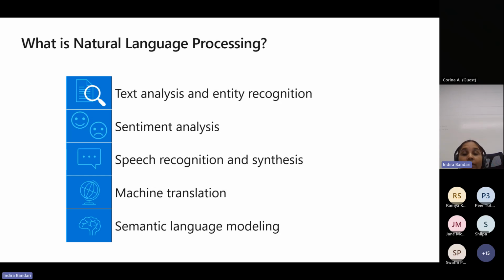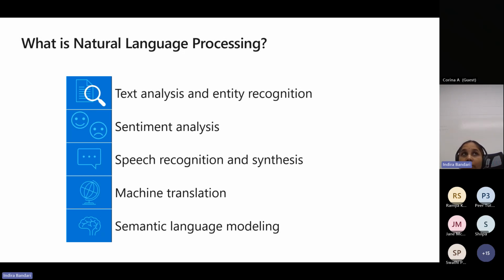So this ability to understand questions that are phrased differently is called semantic language modeling. If you are trying to chat with a chatbot, the chatbot needs to understand the different forms of phrases that each user will chat with it.